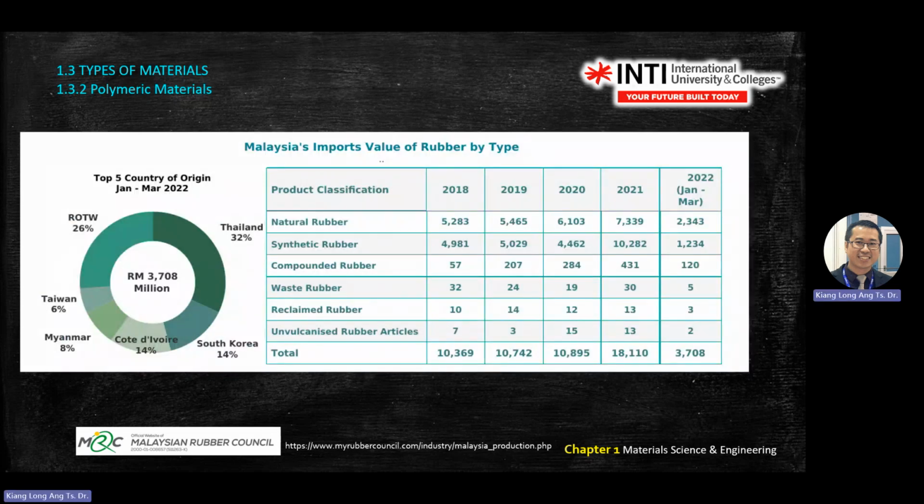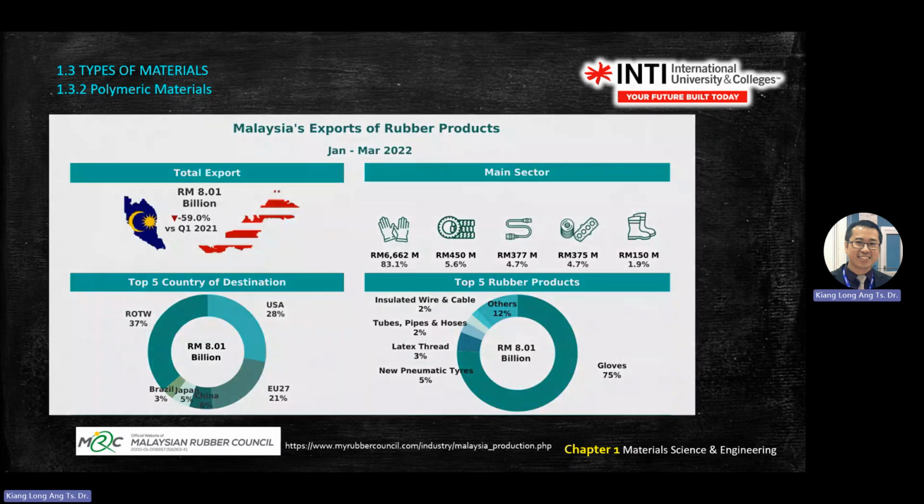So some brands linked with the rubber in Malaysia, for example, Top Glove. During pandemic times, Top Glove made a lot of money because of the use of pharmaceutical gloves and so on. Okay. All this you read.